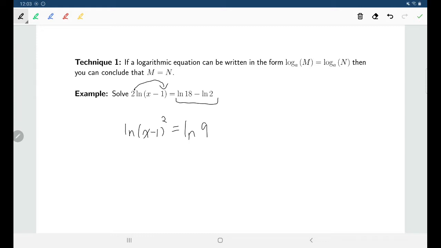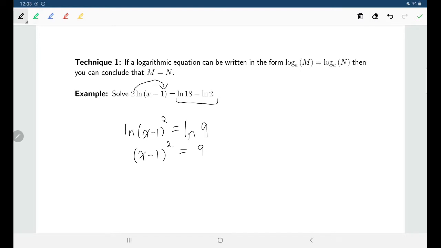So using my log properties, I've rewritten it as natural log of x minus 1 squared equals natural log of 9. And since I have two logs that are equal to each other and with the same base, then I can conclude that x minus 1 squared is equal to 9.